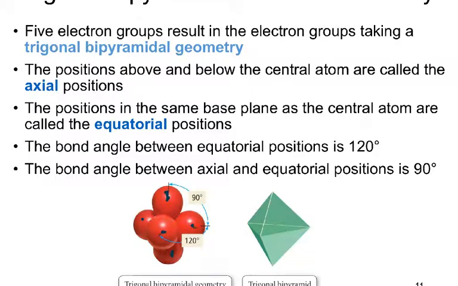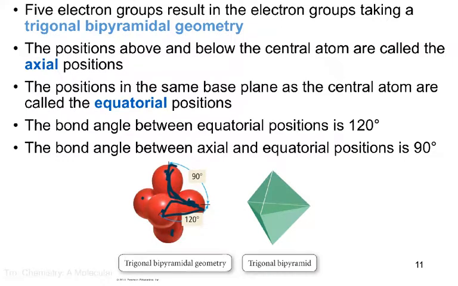The other 3 are equatorial, around the equator. Between the top and the side and middle, this is 90 degrees, and then between 2 equatorial and the middle is 120 degrees. So there are 2 bond angles involved in the trigonal bipyramidal.